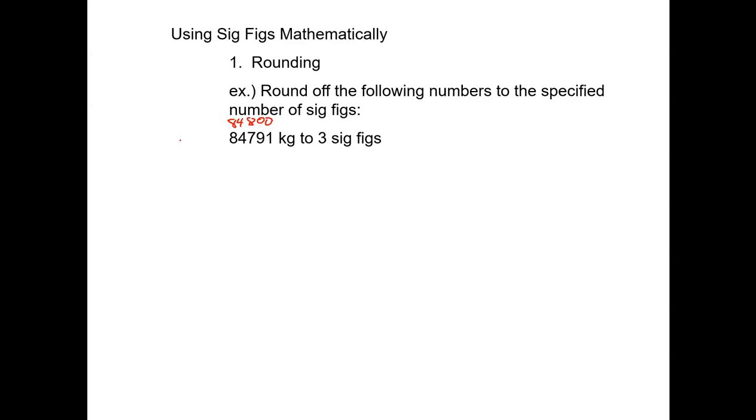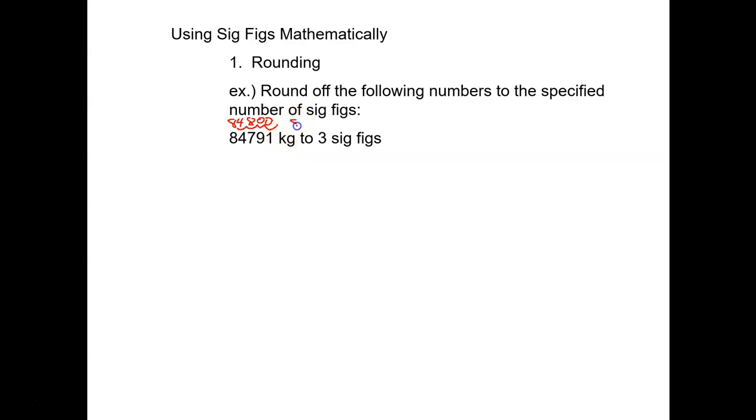Now, we had a rule we talked about with scientific notation. We said that if it's greater than 1,000, we have to write our answer in scientific notation. So if you took 84,800 and this invisible decimal point down here, you moved it over so it's a number between 1 and 10. 1, 2, 3, 4.